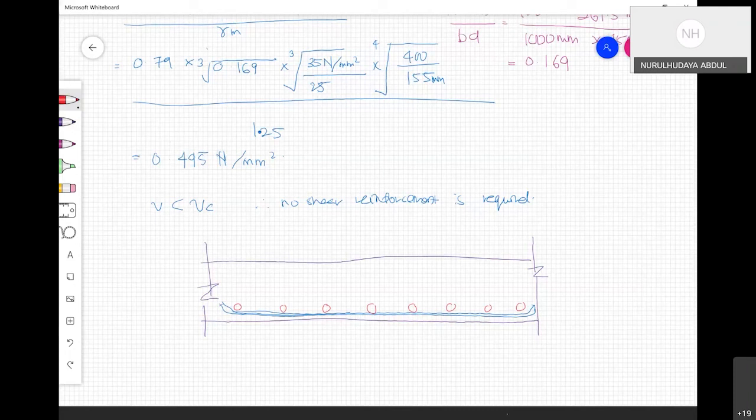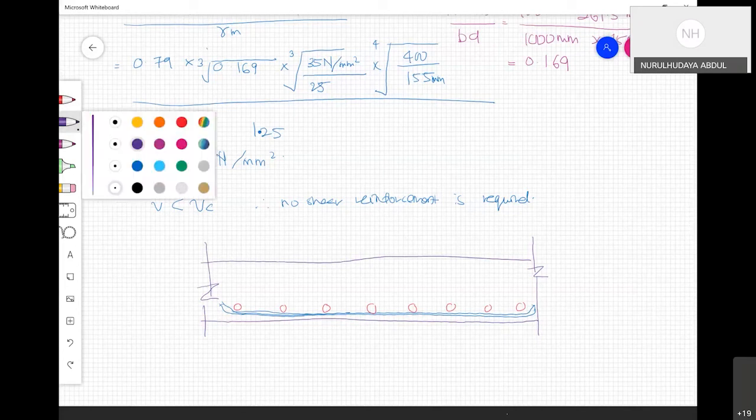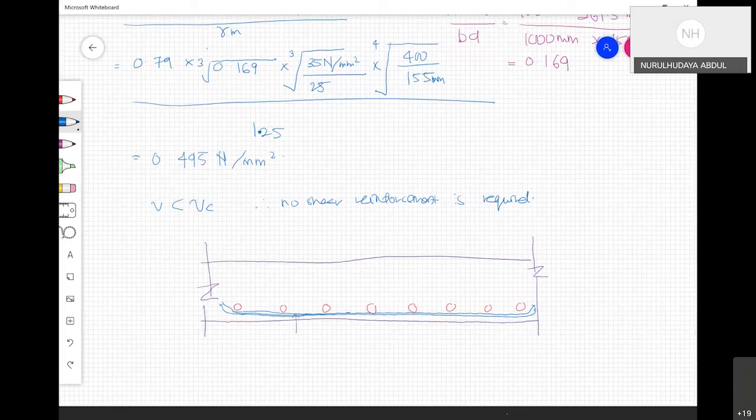So the one yang below here yang kita akan tulis yang below is, okay, this one adalah Y10 and dia punya spacing 150, kita punya main bar.